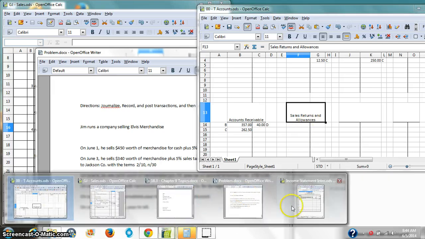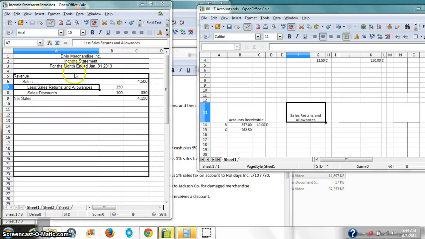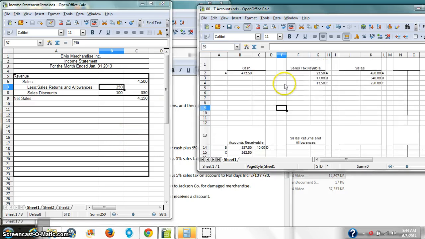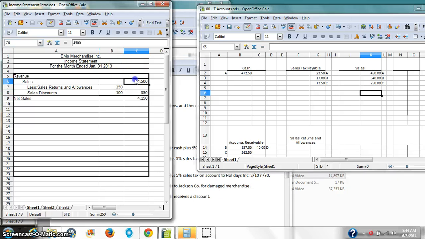So let me come back here to the income statement. You've noticed here on the income statement I've got sales of this amount, and then I've got sales, returns, and allowances of this amount here in my revenue section. I'm going to subtract this from the sales amount on the income statement.